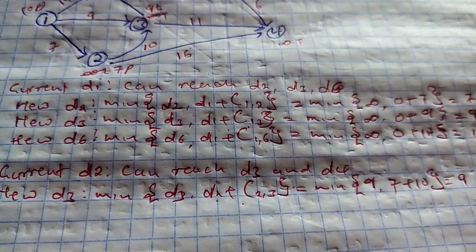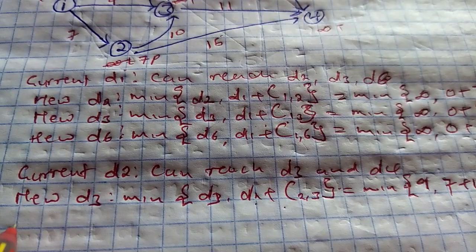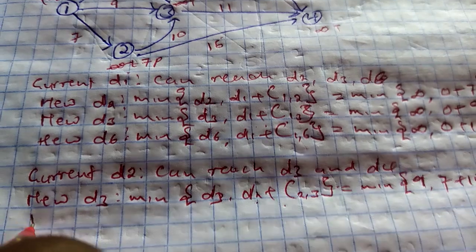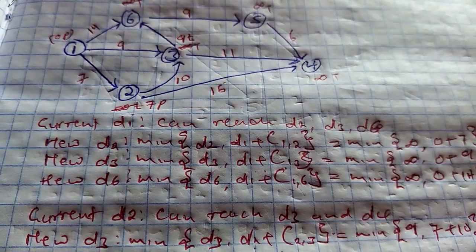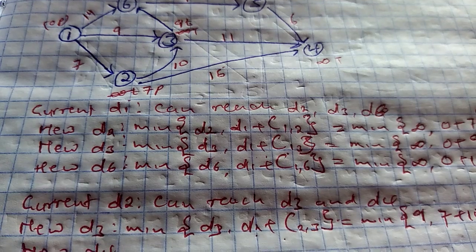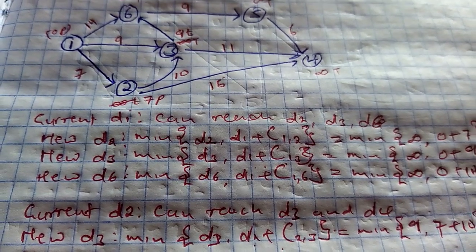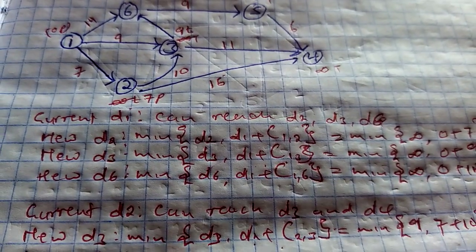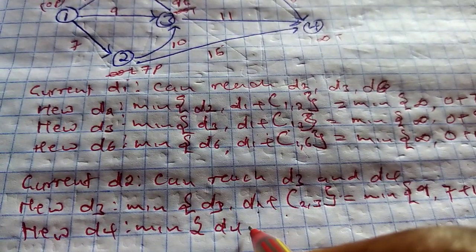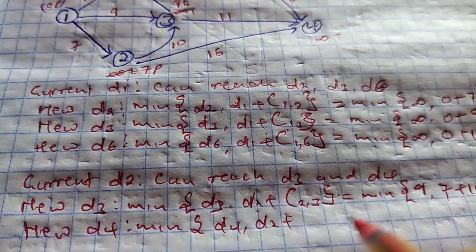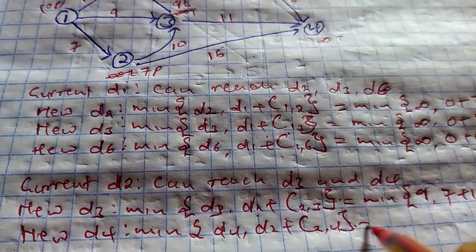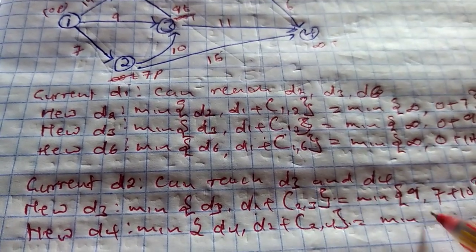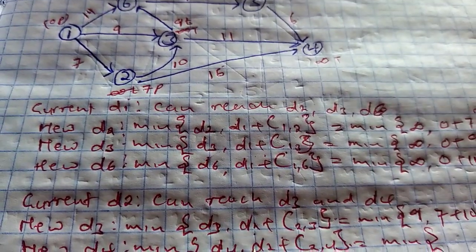You go ahead and also find new D4, because you can also reach D4 from 2. New D4 is the minimum between D4 and D2 plus the weight C24.